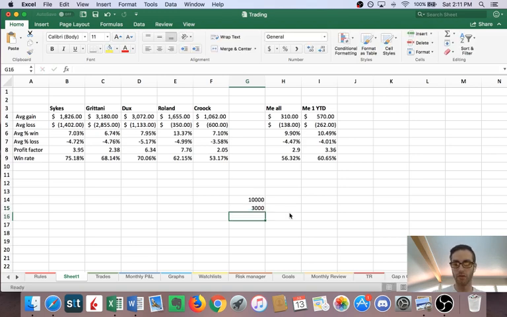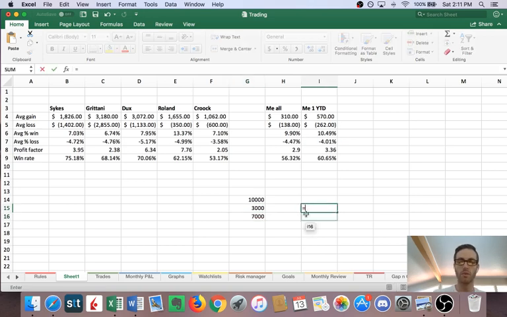Okay, so your total profit, let's say over a month, would be 7,000. That's your total profit. But your profit factor would be your gross profit, 10,000, divided by your gross loss. So in this case, your profit factor would be 3.33.